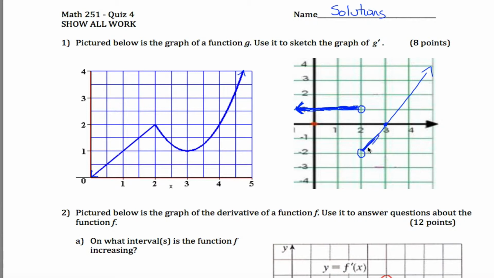Roughly speaking, my derivative is going to look something like this. And I'll even write curved or linear okay for this part right here. Okay, I guess that's about all I have from number 1.